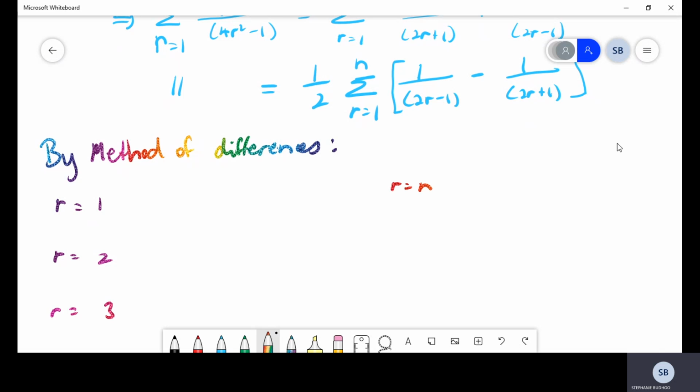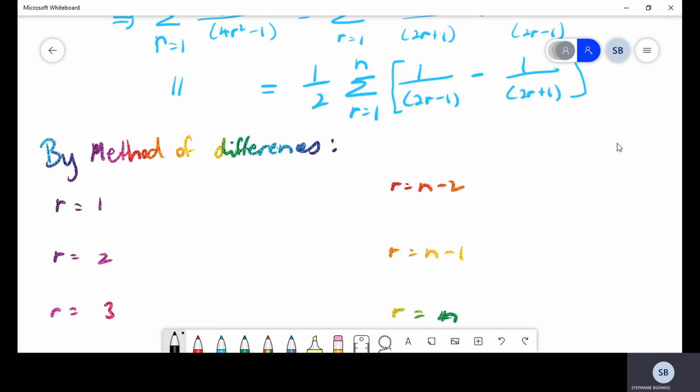So when r is n minus 2, when r is n minus 1, and when r is n. Those are the 6 values you would need to test to make sure you sufficiently know which parts are getting cancelled, right?